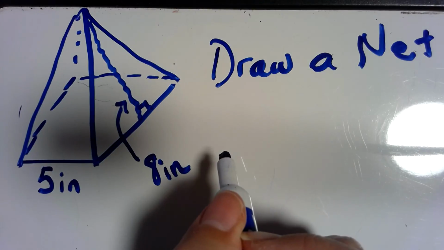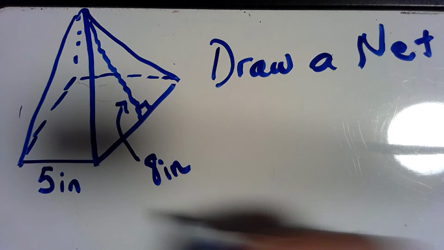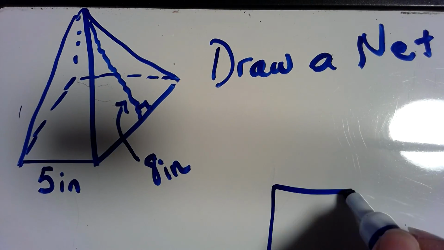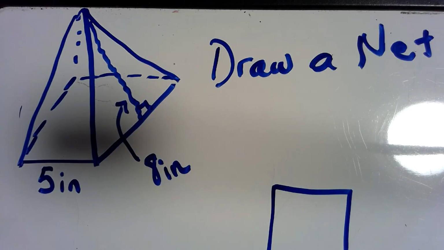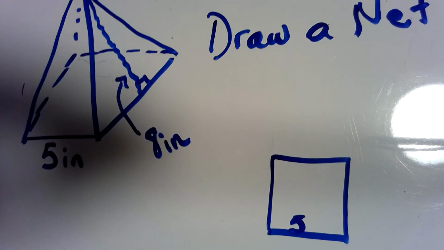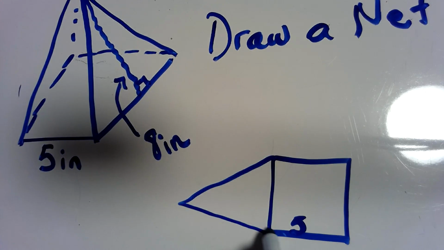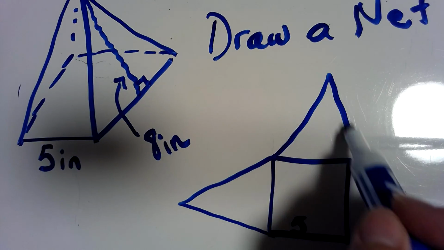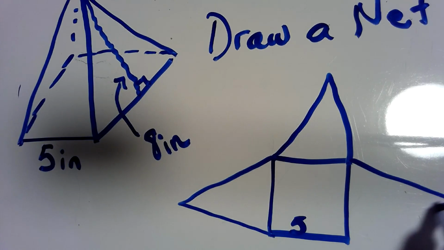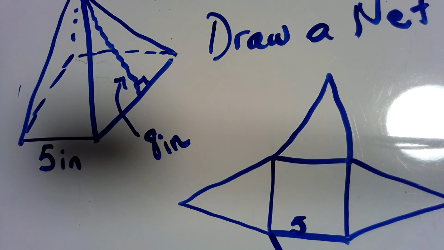So the first thing that is helpful to do is draw a net. We have a square base pyramid whose base edges are 5. If we were to open this up, these lateral faces would fall to the sides and would look like that.